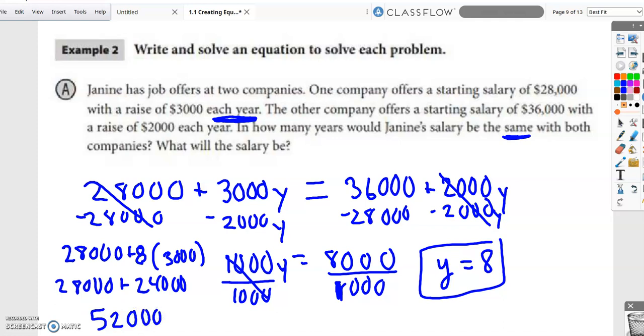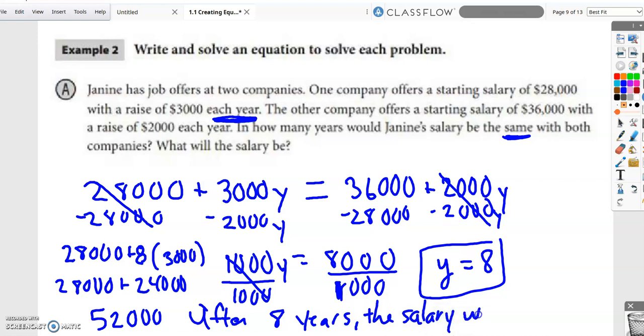So after 8 years, the salary will be the same at $52,000.